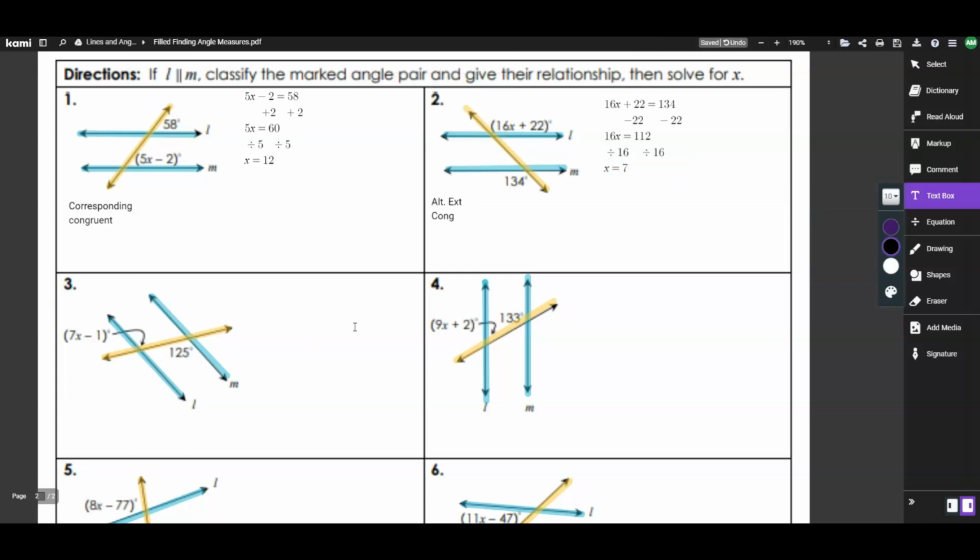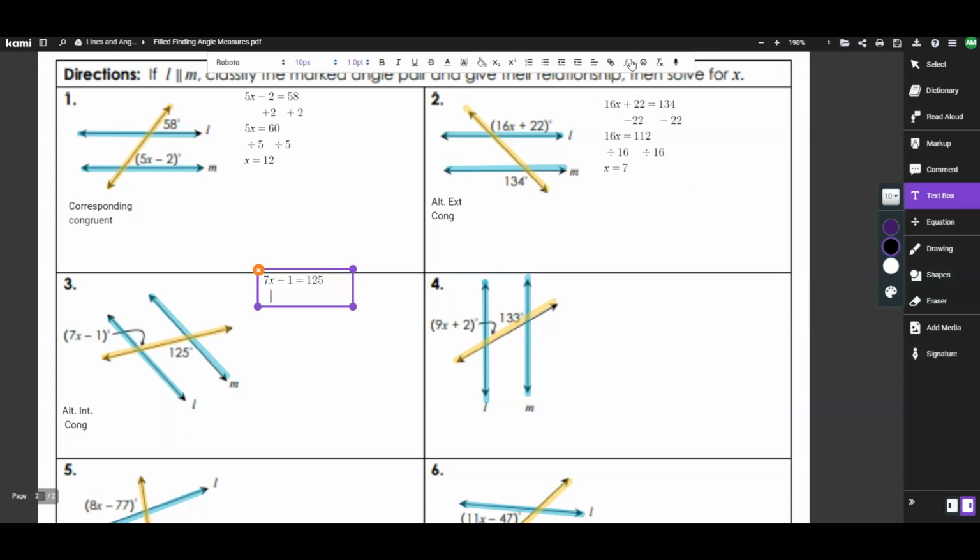Number 3, we have alternate interior angles, which are also congruent. So far, it's all been fairly simple. We're going to set the expressions equal to each other, just like we have been doing. So we have 7x minus 1 is equal to 125.